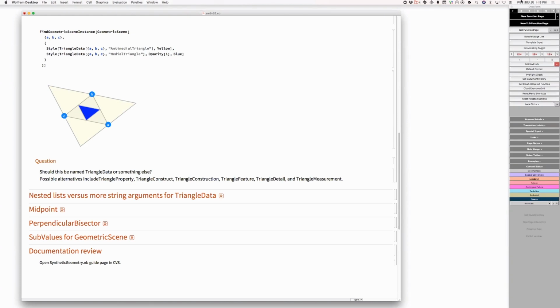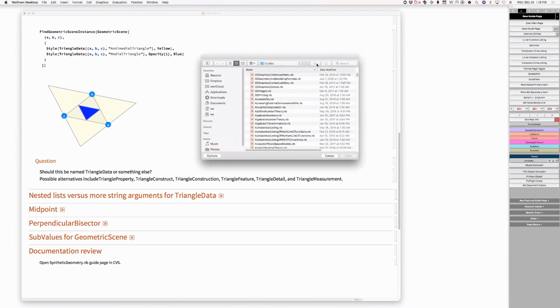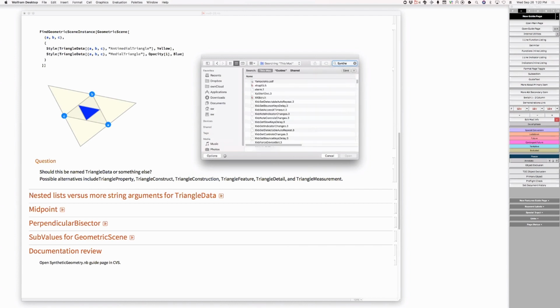So you say the guide page is, what is it called? syntheticgeometry.nb. Synthetic. Did I spell that wrong? Oh no, there we go.